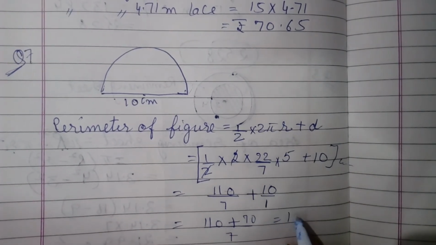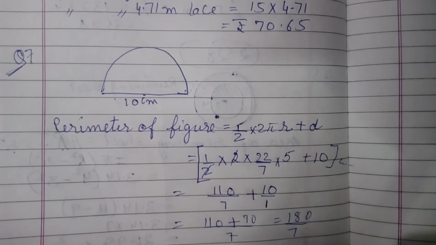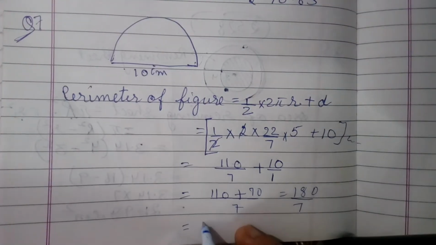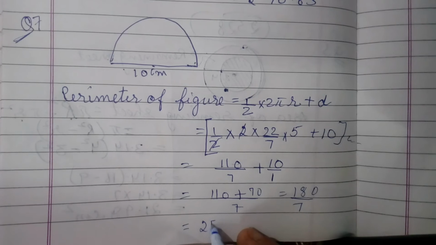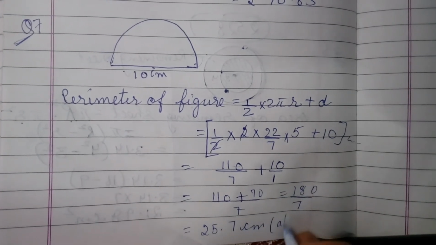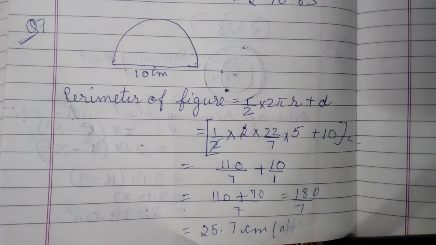On adding you will get 180 upon 7, and 180 divided by 7, that is 25.7 centimeter approximately. So this will be the perimeter of your figure.